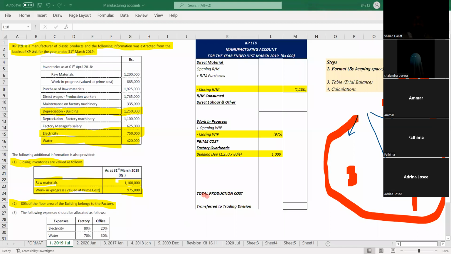Right. So we get electricity $600, water 294. So that is also done.